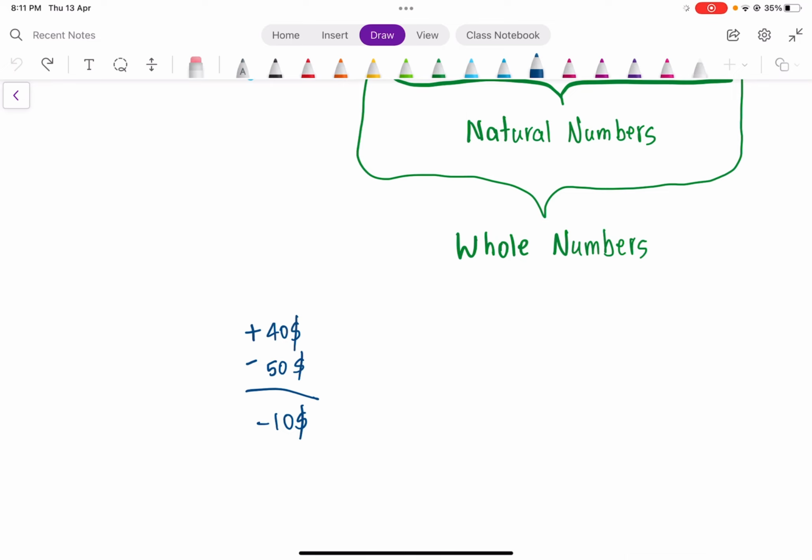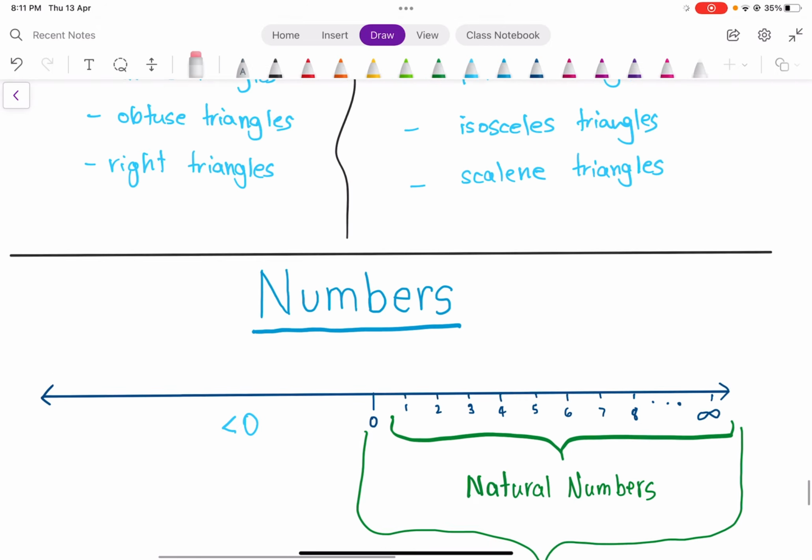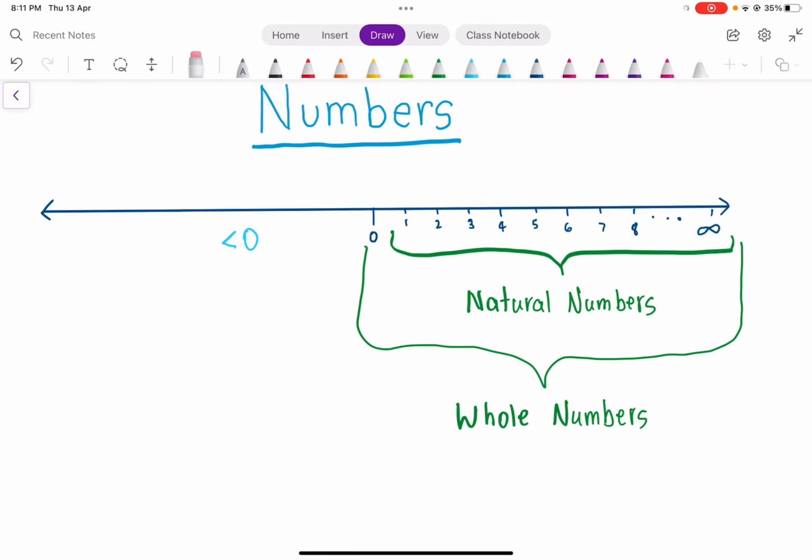If you were paying a mortgage and you took a loan, then you are in debt to that loan, meaning you owe money. So that is what negative integers are. Negative integers are shown by using a minus sign in front of them.